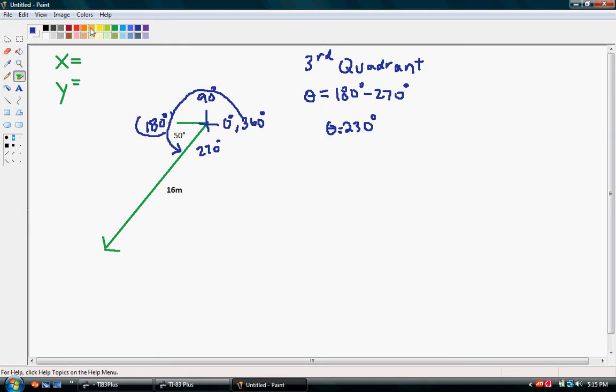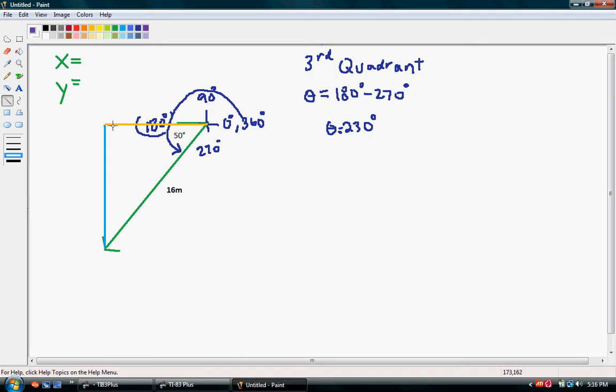Now we know that to get this arrow to where it was, it had to go down and to the left. So we'll go ahead and draw our horizontal displacement. So we move to the left, we know that our x should be negative and our y should also be negative.